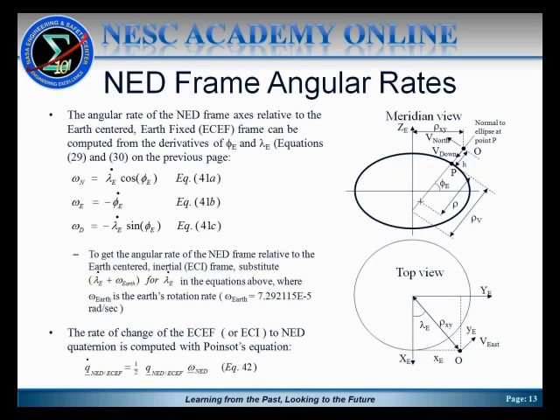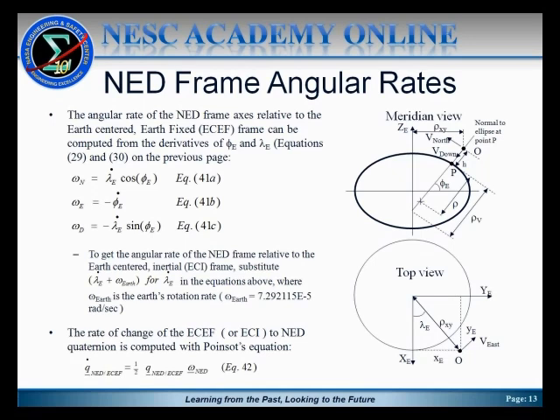The rate of change of the ECEF to NED quaternion, or if you're working in Earth-centered inertial, the ECI to northeast down quaternion, would be computed from Poinsot's equation. Again, this was presented in part 2 of the quaternion presentation. If you haven't seen that, I would encourage you to review that presentation as well.